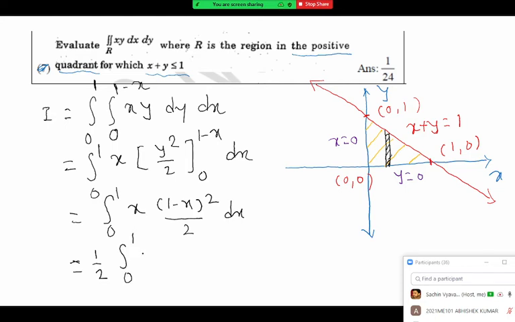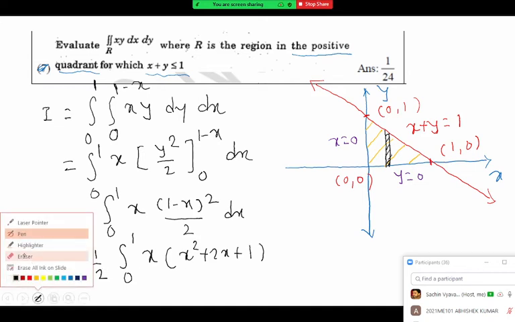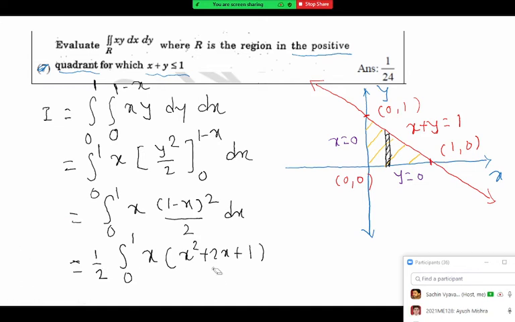As both are algebraic, it's better to square the bracket. So I will say x square plus 2x plus 1. Is it plus 2x or minus 2x? Minus 2x, correct. So this is minus 2x dx. Two more steps and you will have the answer. 1 by 2, 0 to 1.